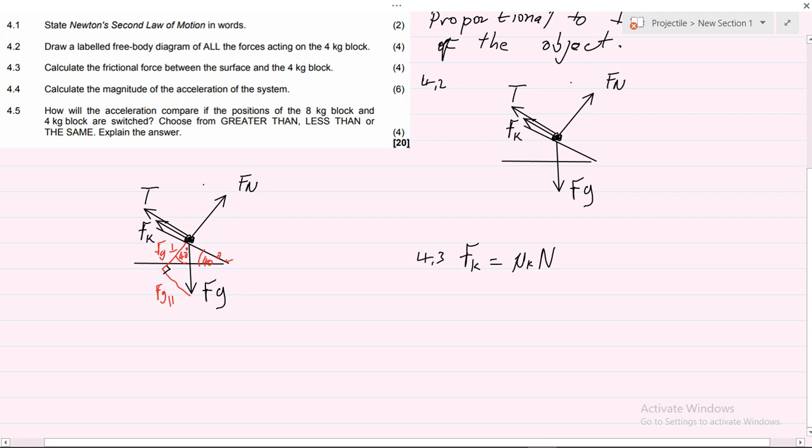For the friction equation, we must have a normal force. How can we get a normal force? Ladies and gentlemen, the object is on my incline, so we can see which two forces are balanced.